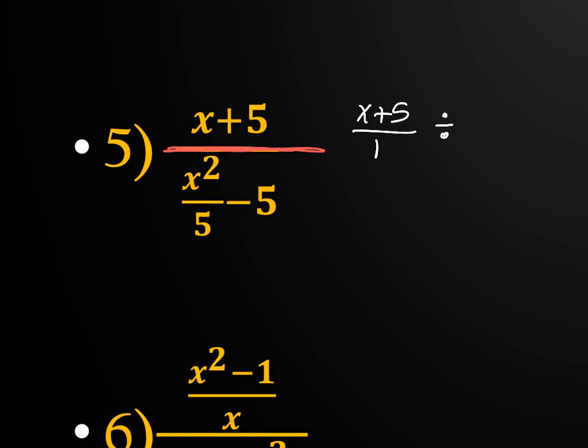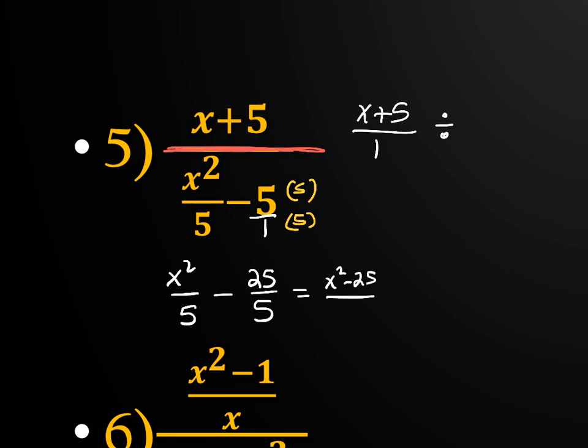So let me go ahead, and my common denominator here is going to be 5. This one's good. This one's missing a 5. So this is going to become 25 over 5. So now my new denominator is x squared minus 25 over 5.